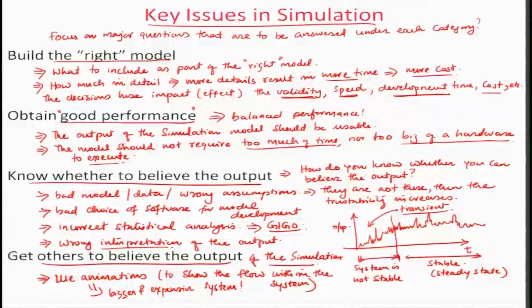So, you can make fancy animations to increase the believability of the system, but once you have fancy animations, bigger and expensive hardware is also required to run them. So, having animations might increase the believability of your model with others, but it also increases the cost of your simulation study. So, the advantages and disadvantages of using animation have to be strictly looked into.